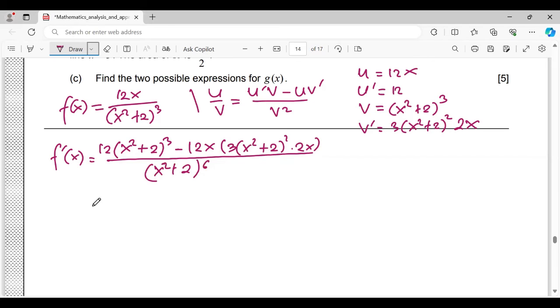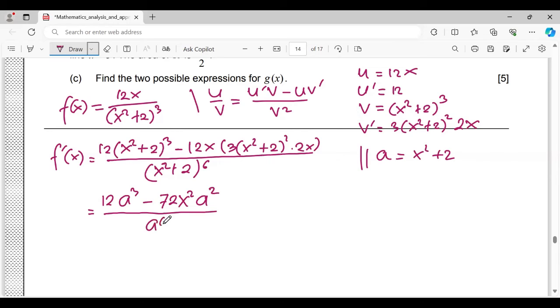Now I'm going to simplify. If a equals x squared plus 2, it becomes 12a cubed minus 12 times 3 times 2, which is 72, x squared times a squared, over a to the power 6.